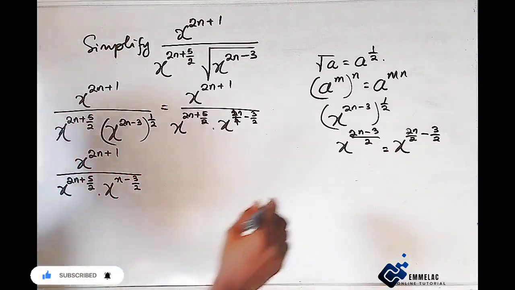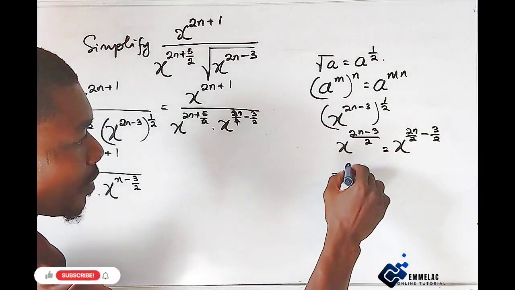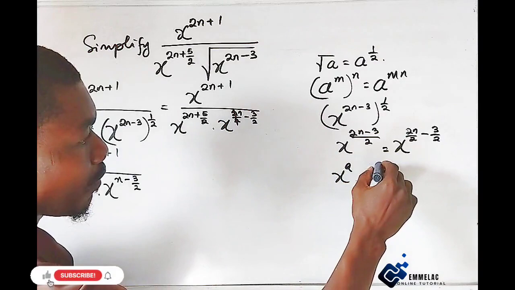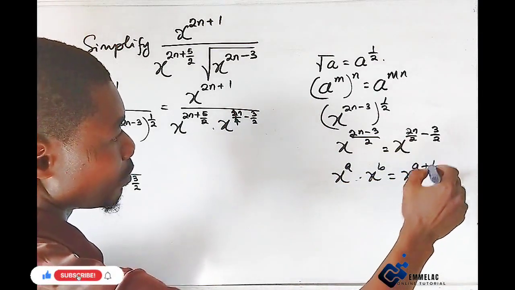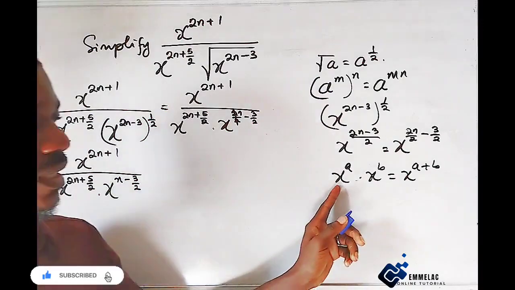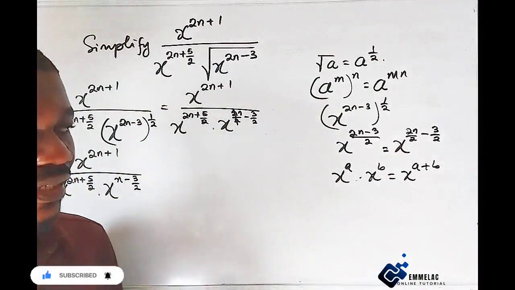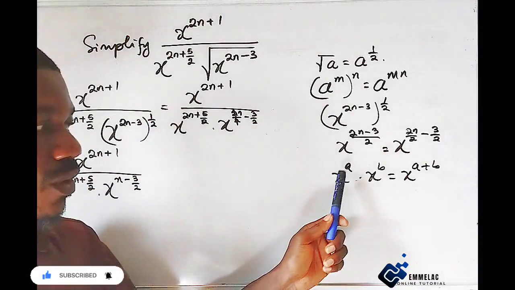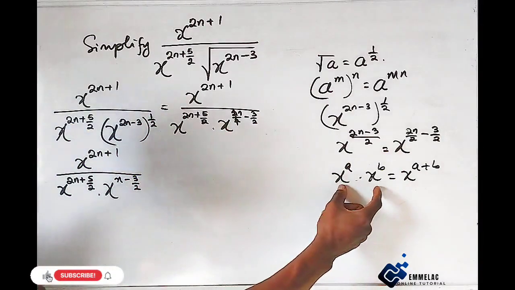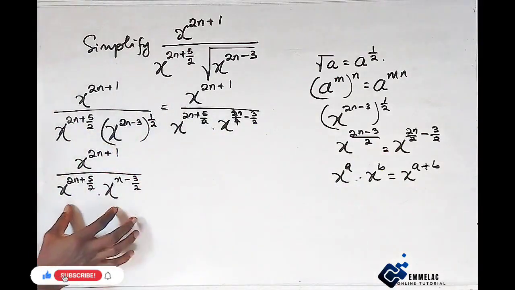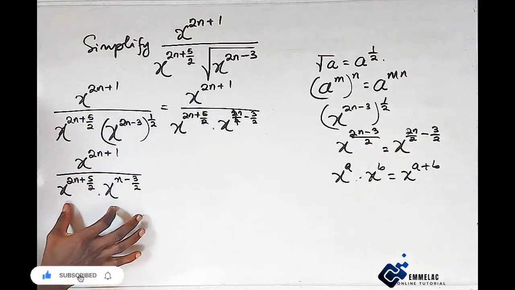Also, let's recall that if you have x raised to the power of a times x raised to the power of b, this gives x raised to the power of a plus b, as long as the bases are the same. So we add the exponents, and you can see that this law aligns with what we have here at the numerator.